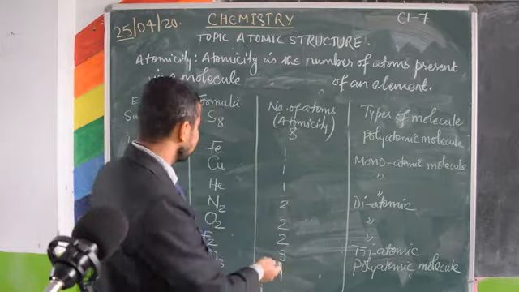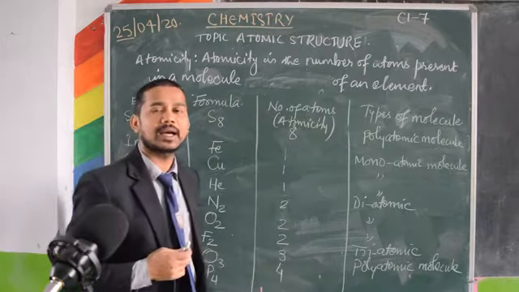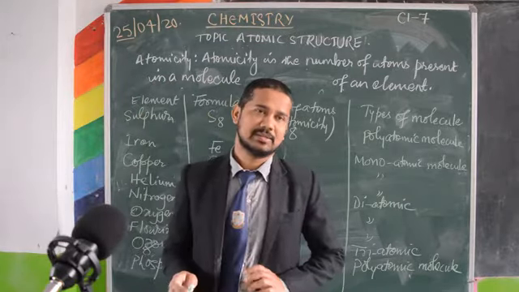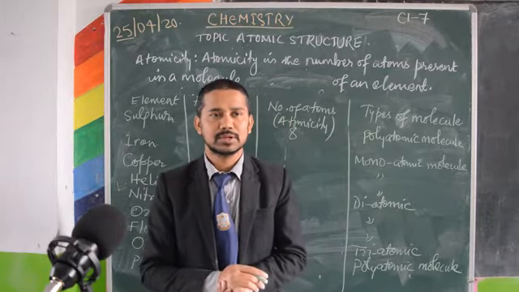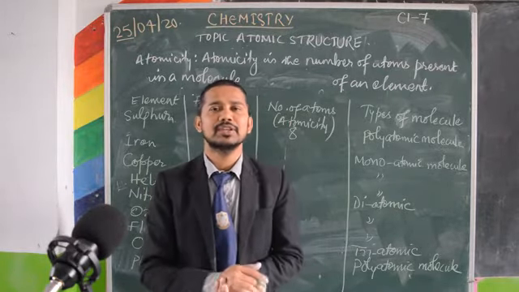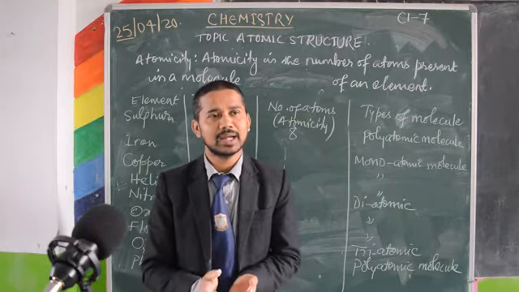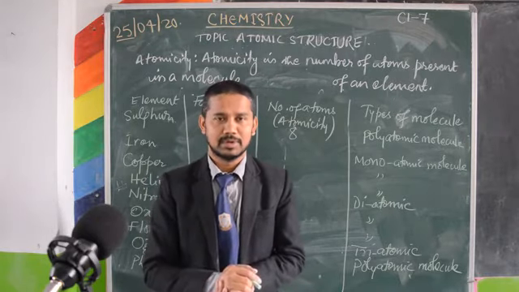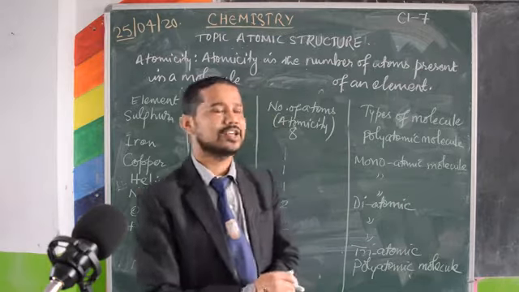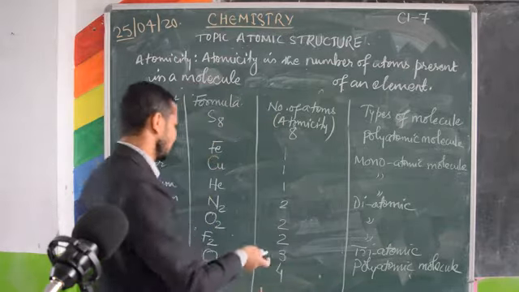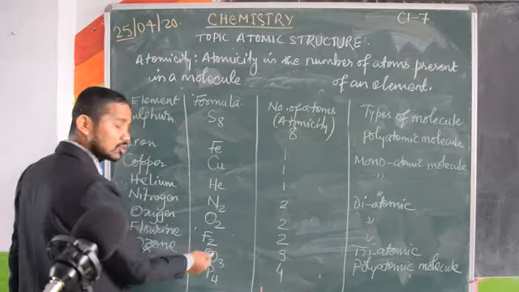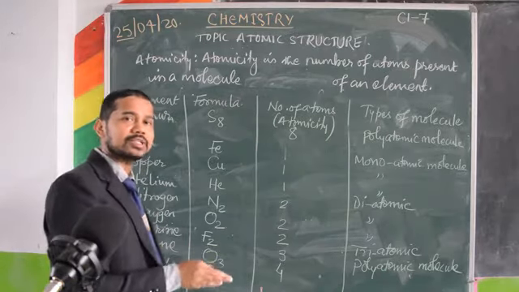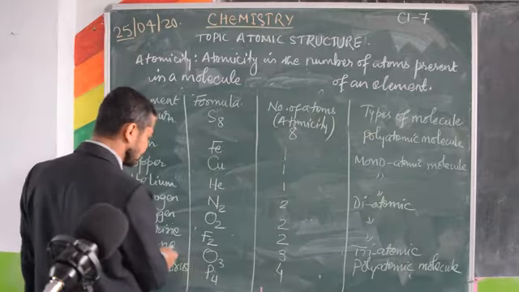So these diatomic elements are diatomic molecules. They cannot exist in the form of atoms, so they combine with another atom to exist in nature and form a molecule. So they are diatomic, and in ozone 3 oxygen atoms combine together to form the molecule.